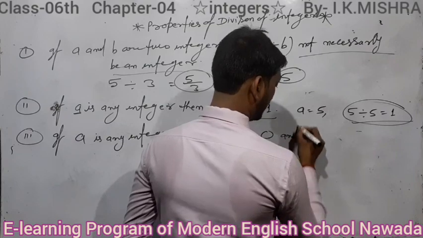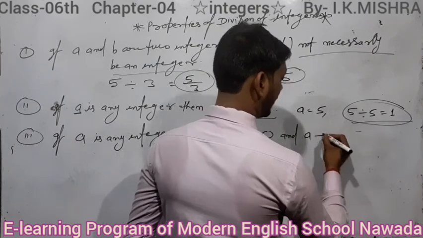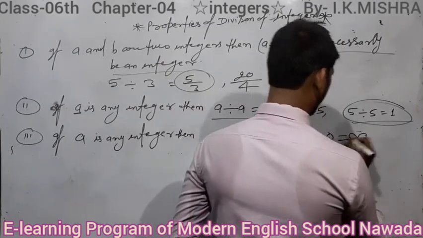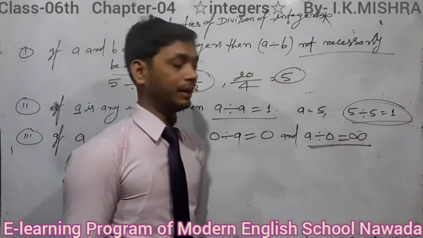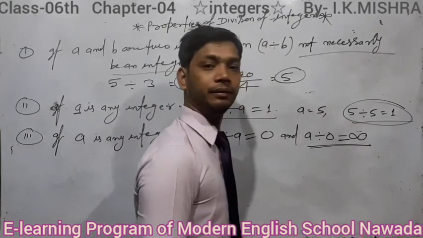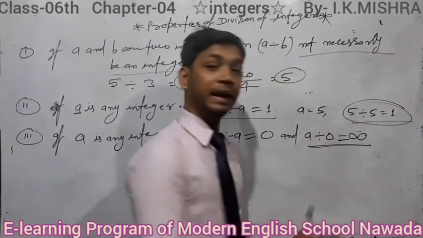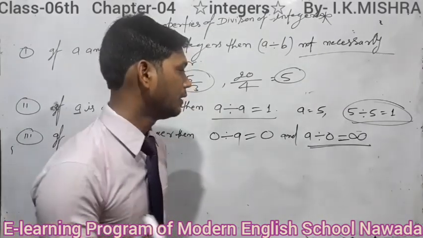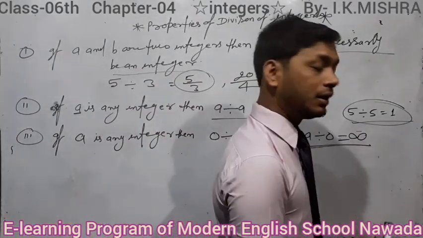And a divided by 0 is undefined. It is meaningless. When any integer is divided by 0, it is meaningless and undefined.